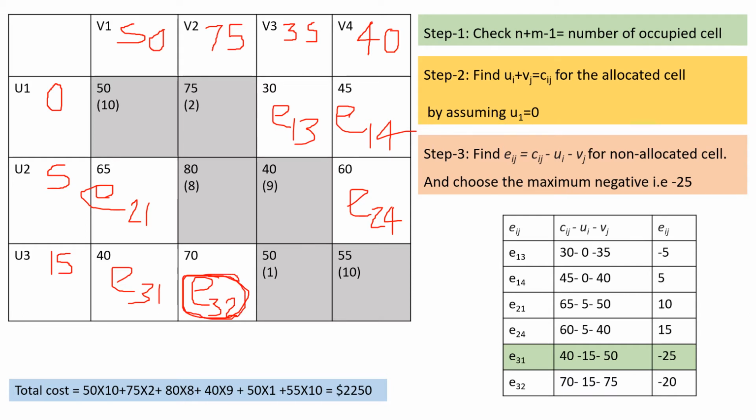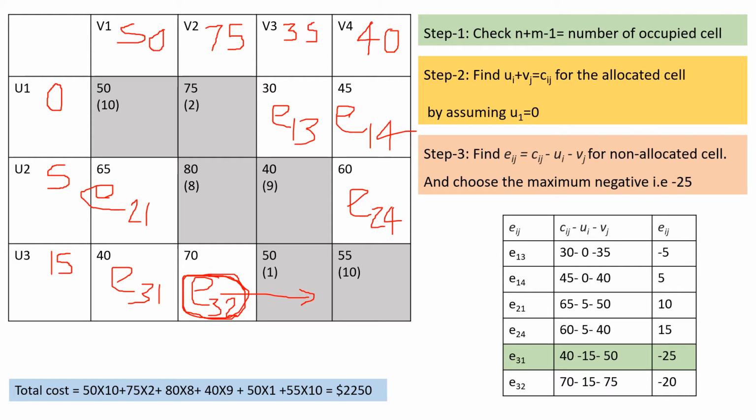From this, we have to draw a closed loop starting from this cell. Let's move like this, and let's go up. By the way, we are using the allocated cells as stepping stones at the corner points.